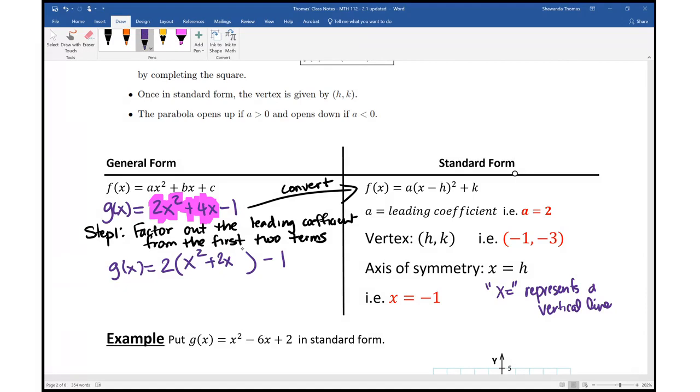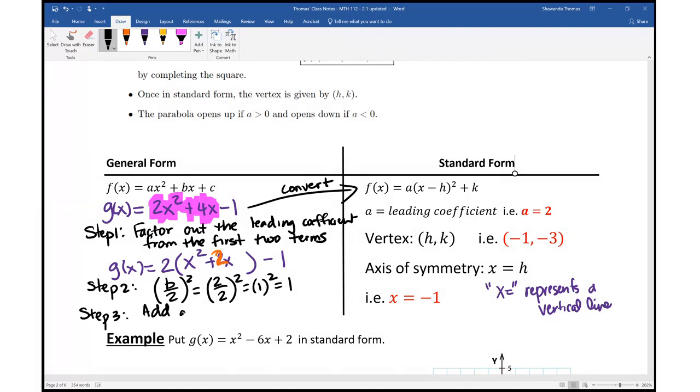Okay. Step 2, we're going to do something weird. It's going to be this little formula here, (b over 2) squared. And so b is going to be this number right here. We're going to choose that number right there, divided by 2, squared. So that's 1 squared, which equals 1. Step 3, we are going to add and subtract that number we just found inside parentheses.